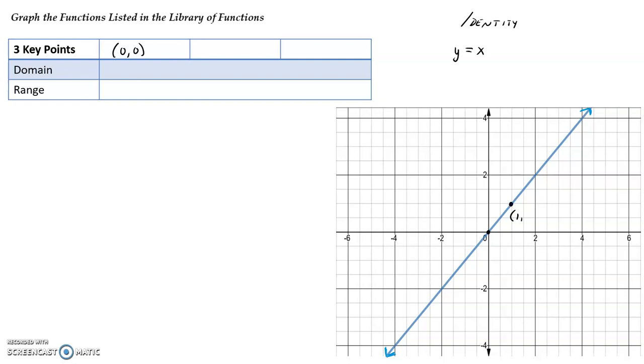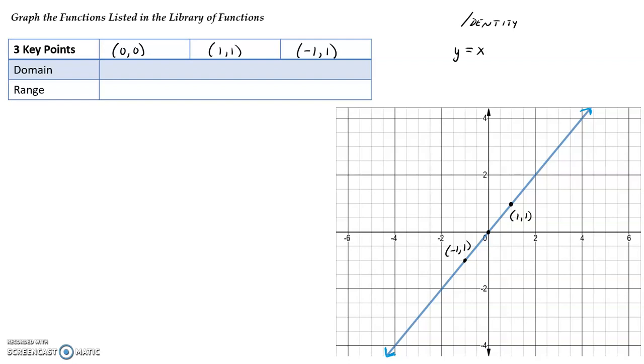We also have the point (1, 1) on our graph. And we also have the point (-1, -1) on our graph. We'll go ahead and use these 3 points as our key points. Obviously, you could also pick something like (2, 2) or (3, 3).